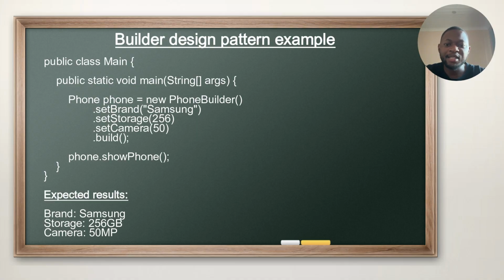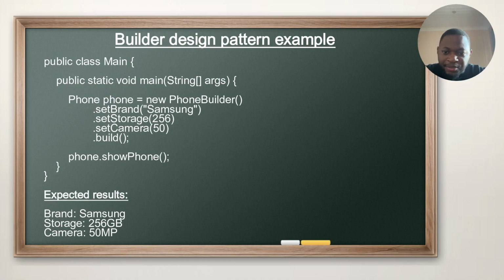We can have the sets in a chain format, and then right at the end we have a .build. The .build is the method that's responsible for actually setting our phone object with the values that we've passed in to our phone builder object through the sets.